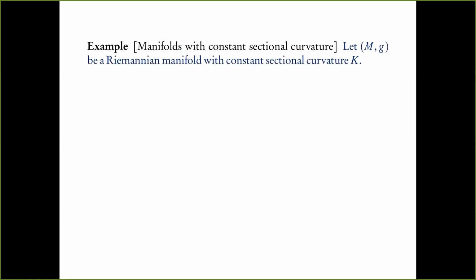So this will always occupy a special place in any text. So let (M, g) be a Riemannian manifold with constant sectional curvature K. So what does that mean? That means for every point P, you choose a two-plane sigma inside T_pM, calculate the sectional curvature of that two-plane sigma by choosing an orthonormal basis x, y and then calculating R(x,y,x,y). That quantity will always be the constant K for all P and all two-planes. Okay? Okay. Good.